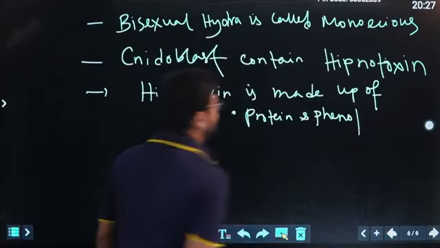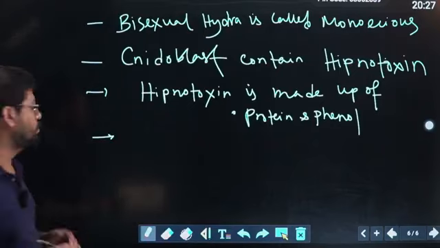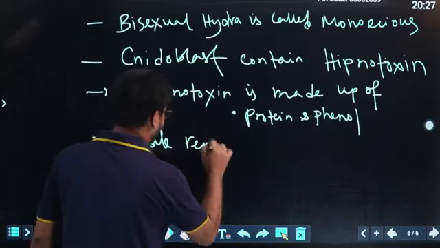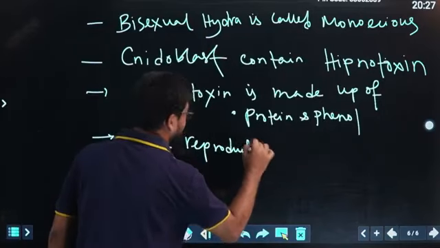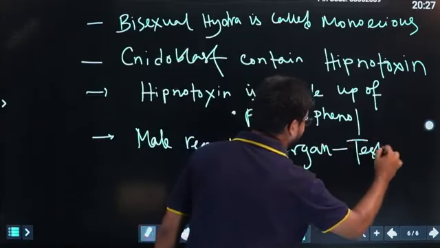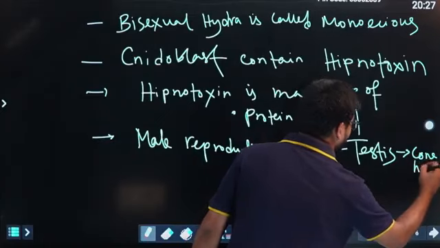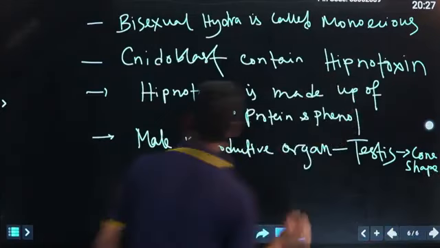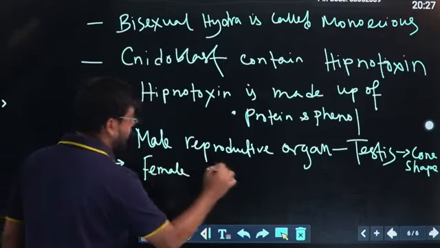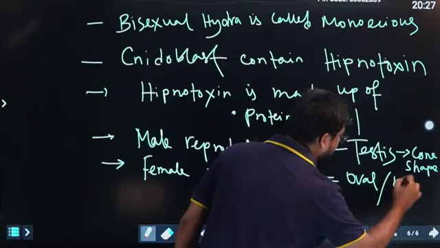Okay, so another important thing you must know: the male reproductive organ is basically the testis. Okay, this testis is cone shaped. Which shaped? Cone shaped, you must know. Another important thing, the female reproductive organ is oval shaped, oval or rounded.